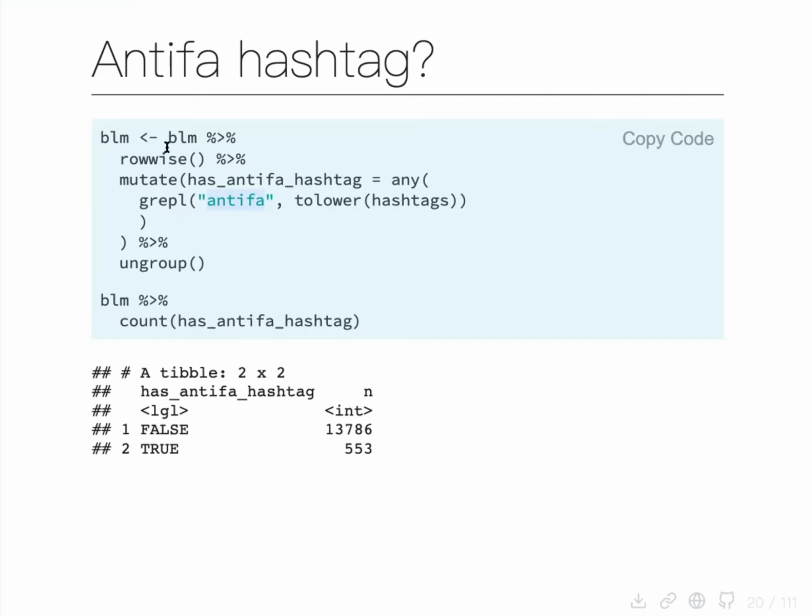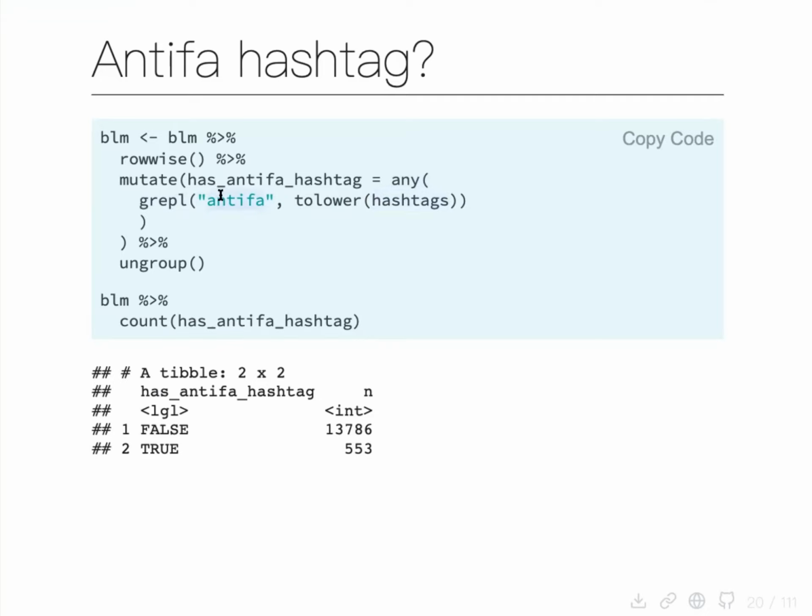So I'm going to row-wise here again, and now I'm going to mutate. I'm creating a new column, which I'm calling has Antifa hashtag. That's just a dummy code. And then I'm saying any. Let's imagine that one person had 5 hashtags. What it's going to do is say, are any of those hashtags Antifa? I'm using grepl, which is a logical looking for this pattern in this.